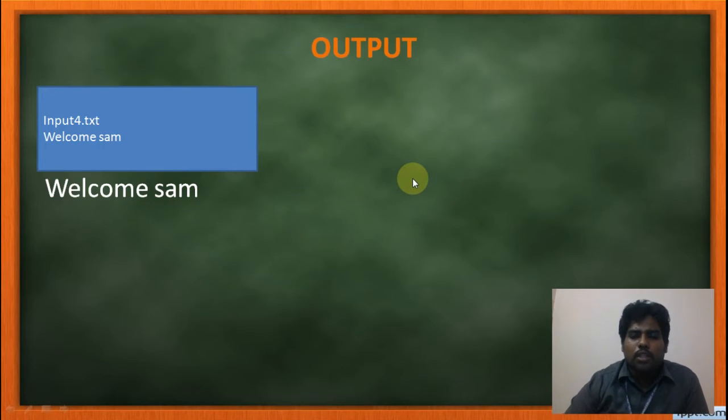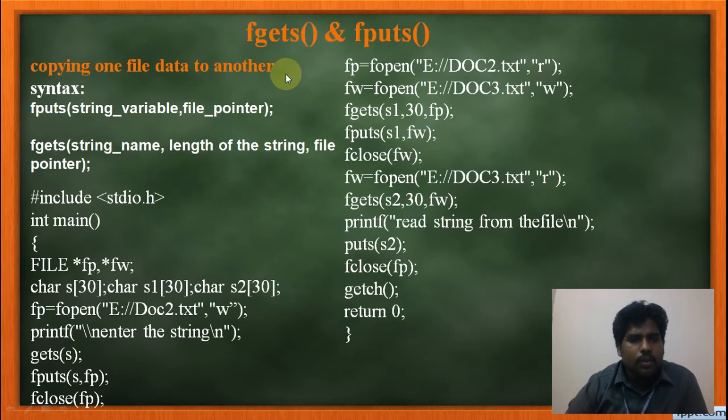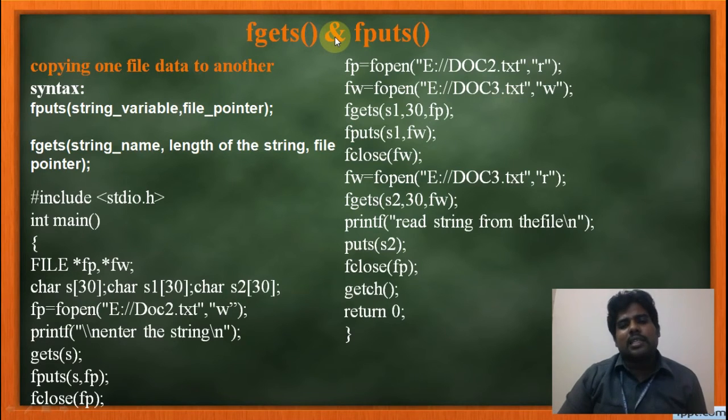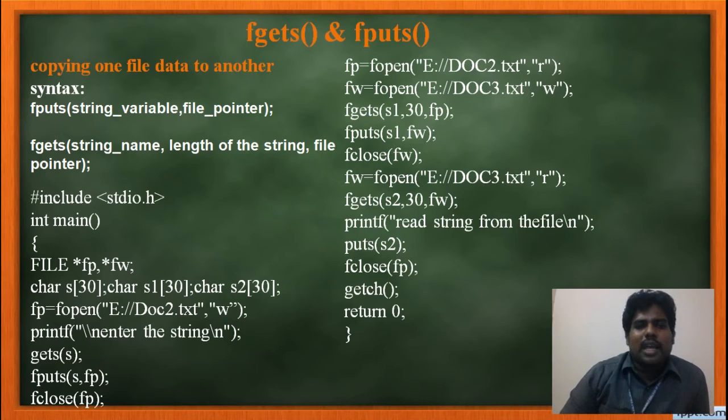Okay, and the next one is fgets and fputs. What are fgets and fputs? fgets means file get string. It will get a group of characters. What is a string? A string is a collection of characters.